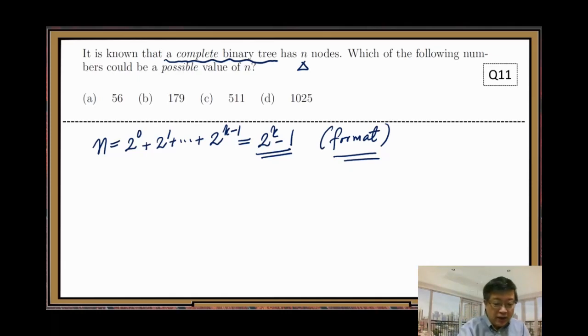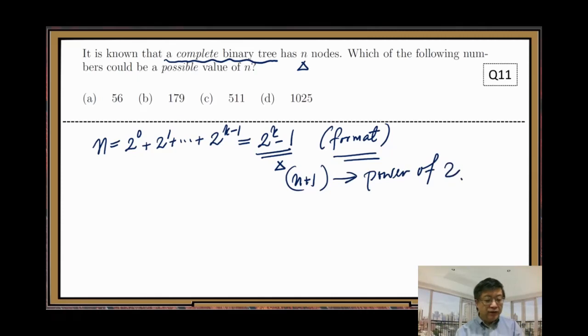In other words, you can also do it this way: n plus 1 should be a power of 2. So in the 4 numbers, which one, if you add 1 to it, will you get a power of 2?